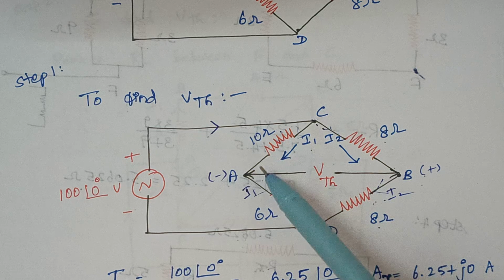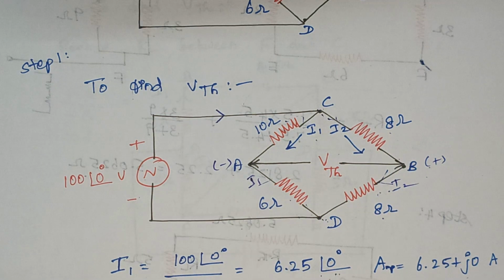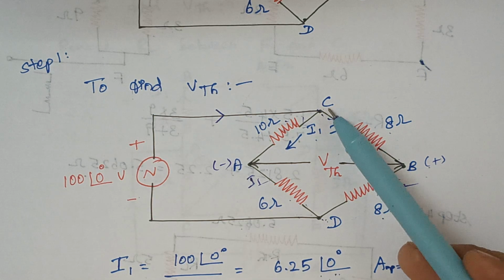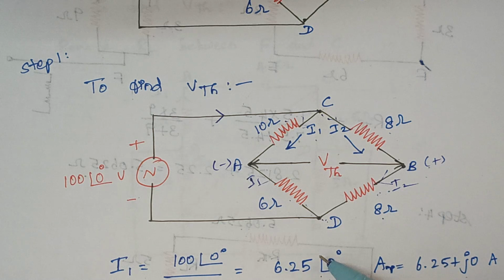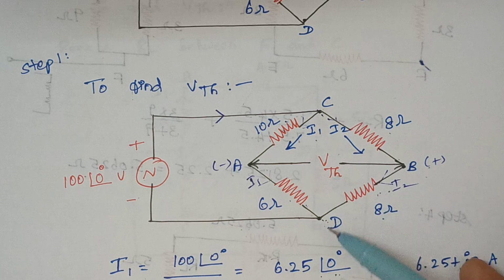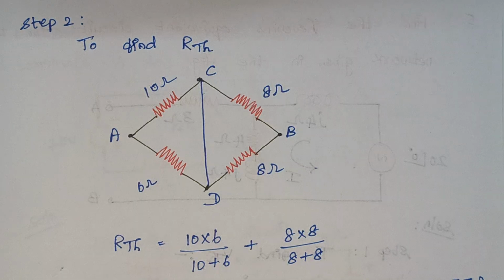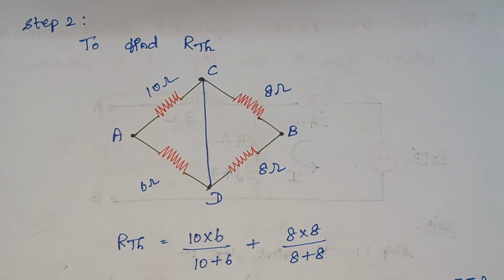The rest of the things remain the same. Therefore, this circuit diagram gets modified like this. All four resistors remain in their place, but C and D get connected by means of a plain wire. So when you draw the circuit, it will be like this.